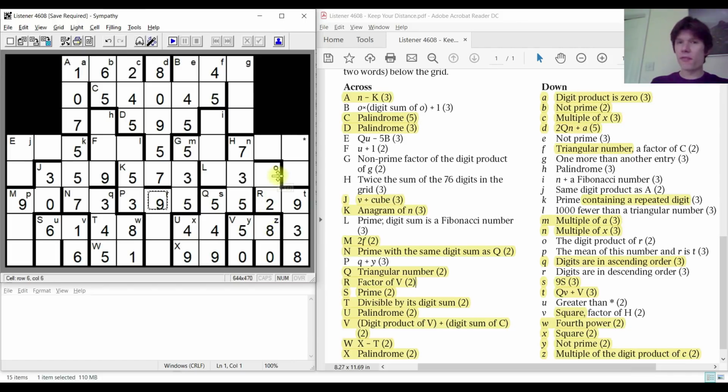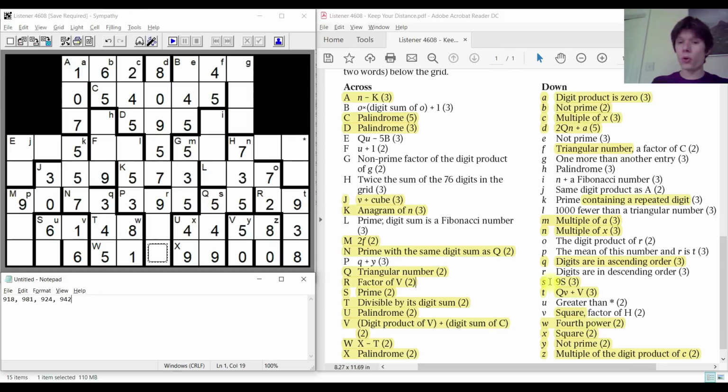Well, a 2-digit number with factor 9 can only be 72, so we can fill that in. And that in turn means that little r must have 3 digits which multiply together to give 72. If one of them is a 9, the other 2 must multiply to give 8, so it can only be 918 or 981 or 924 or 942. Those are the only possibilities.